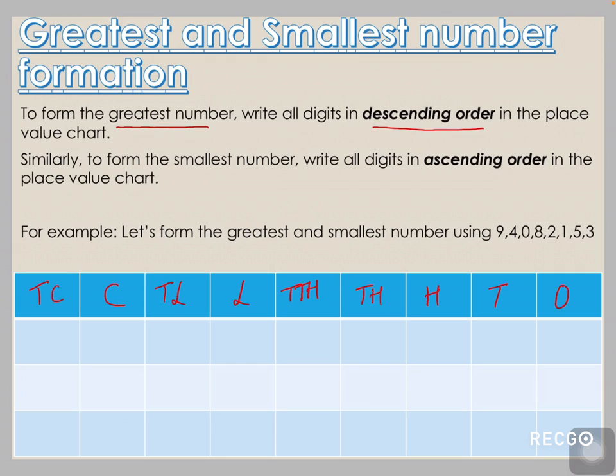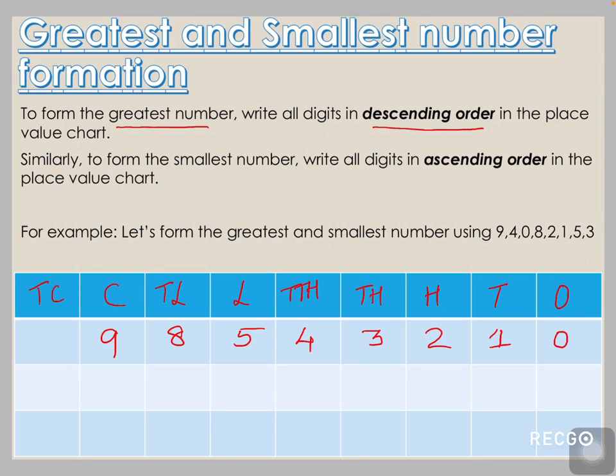So 9 will be placed at the crores place. Then the next bigger number is 8, and the next one is 5, and then 4, then 3, 2, 1 and 0.